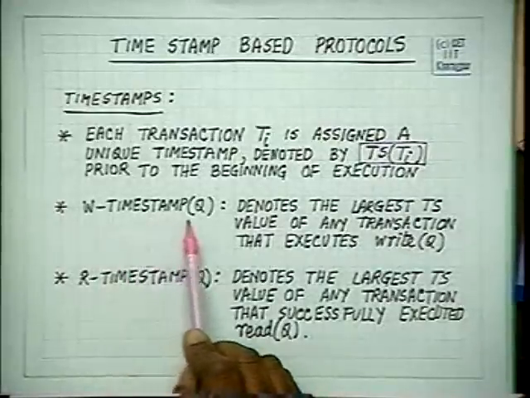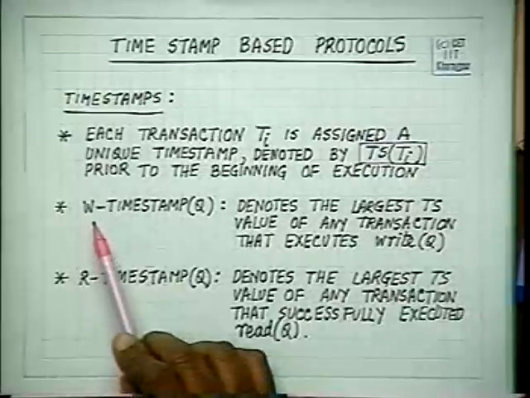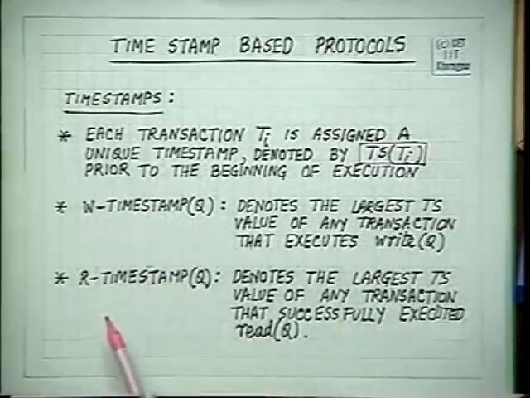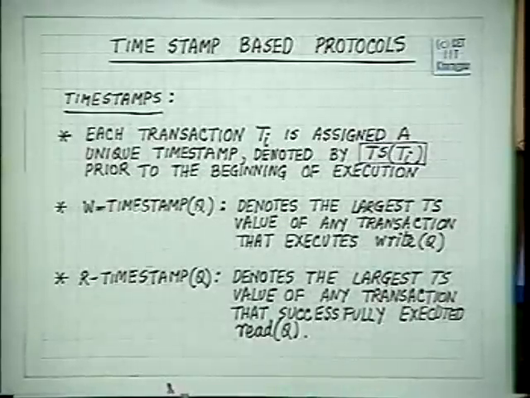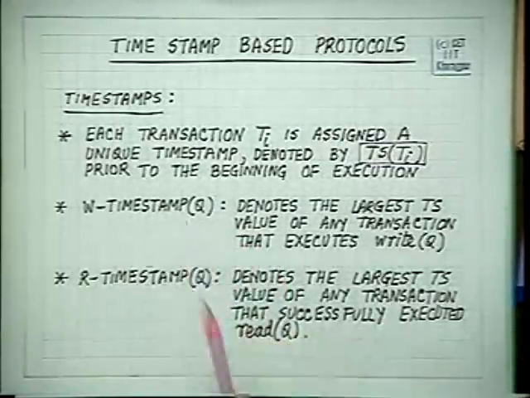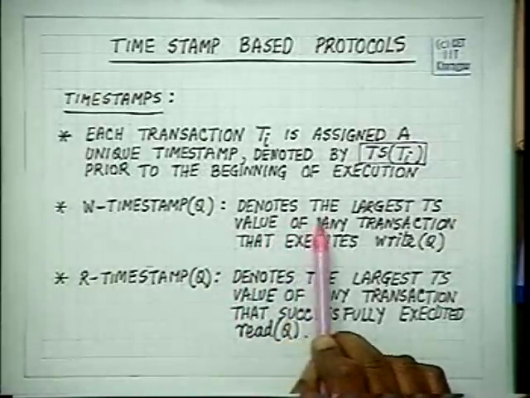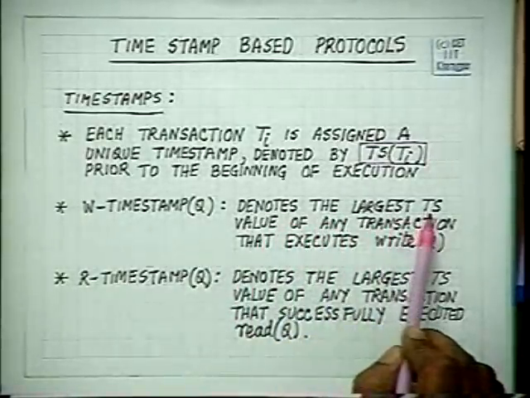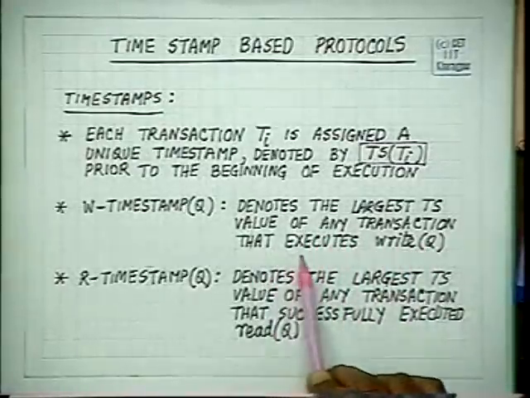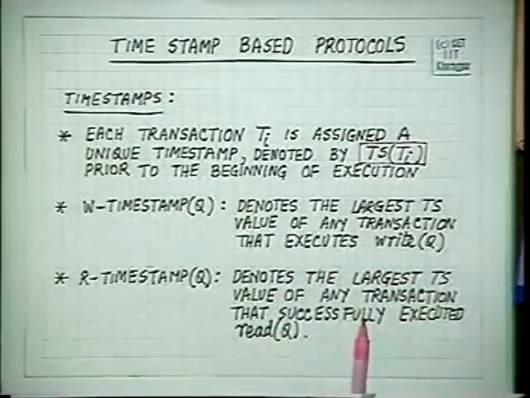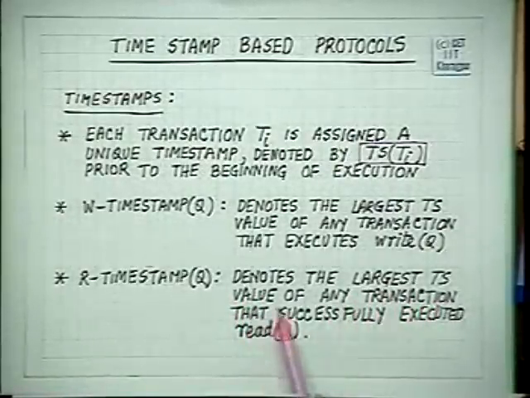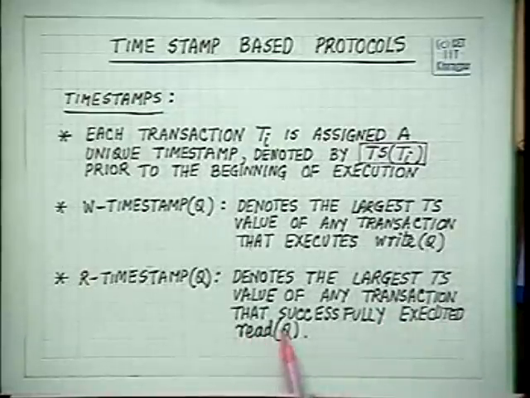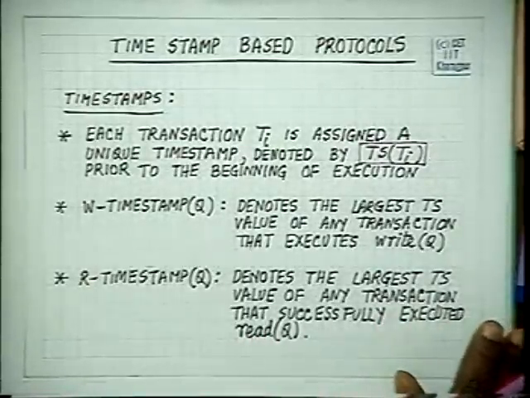One is called the W-timestamp of that data item Q, or the write timestamp, and the other is the read timestamp, or the R-timestamp of the data item Q. So what is W-timestamp(Q)? W-timestamp(Q) denotes the largest TS value of any transaction that successfully executes write(Q), and R-timestamp(Q) denotes the largest TS value of any transaction that successfully executed read(Q). Let us see the meaning of this.